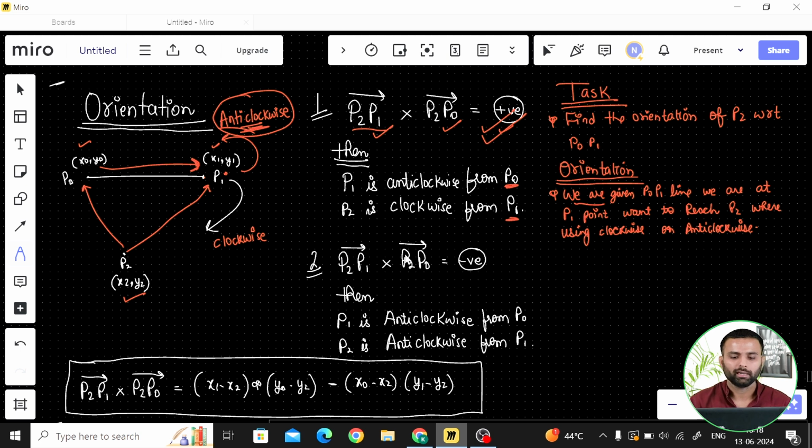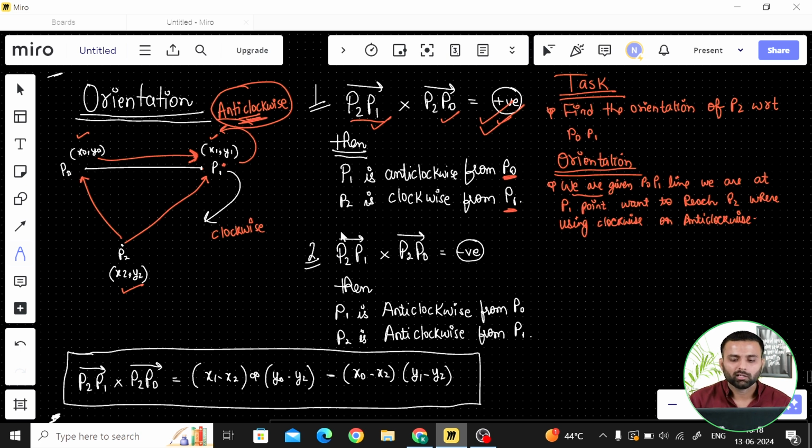In this second case, let's check if it's negative. If it's negative, then P1 and P2 are both in the same direction, either anti-clockwise or clockwise. So just do the dry run for this case. Both are in the anti-clockwise direction, which means the same direction.